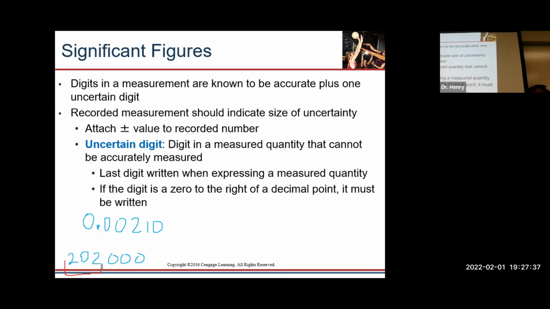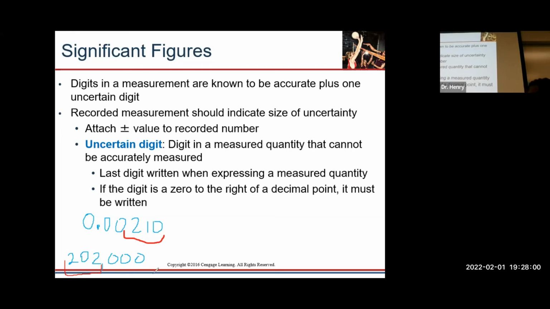Okay, so repeat that one more time. The lagging zeros count only because of the decimal. Once that decimal comes into play, then those lagging zeros will count.